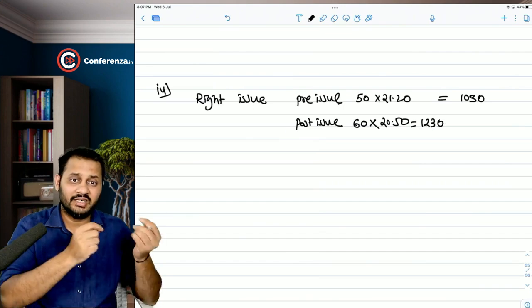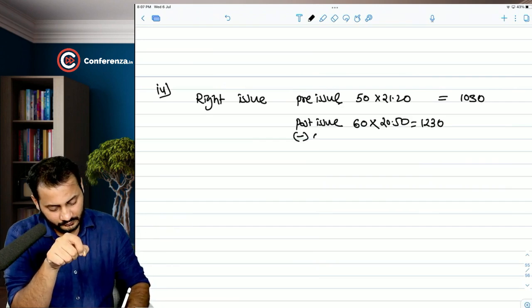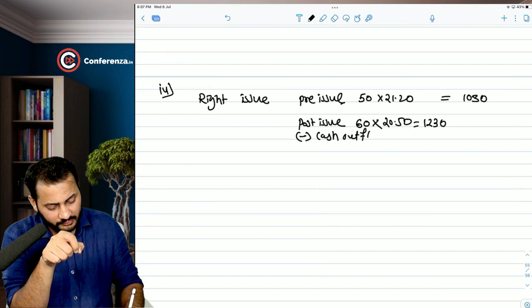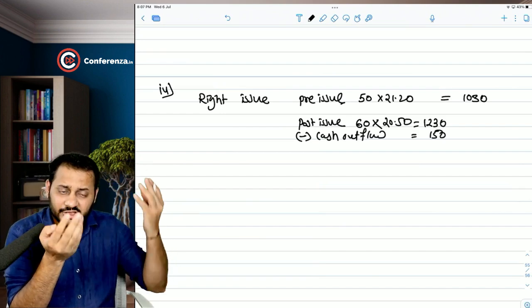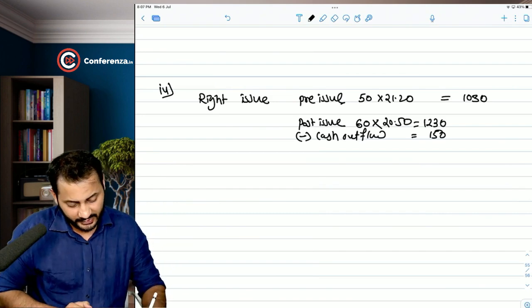But for that increase in the wealth, they paid something. Cash outflow. How much amount they paid to the company? 150 crore. It's the existing shareholder who purchased the right shares. So they paid 150.